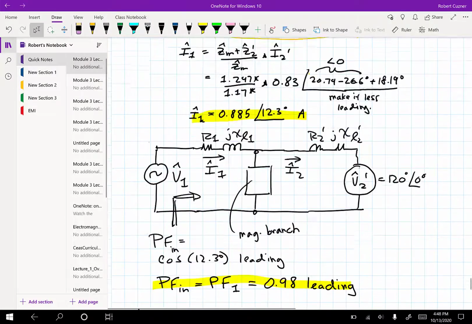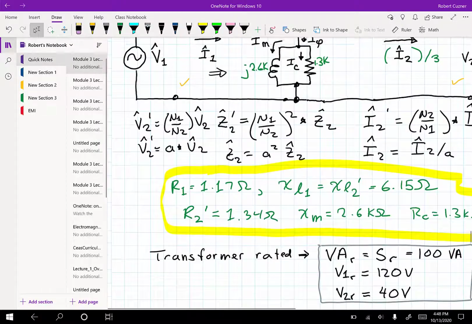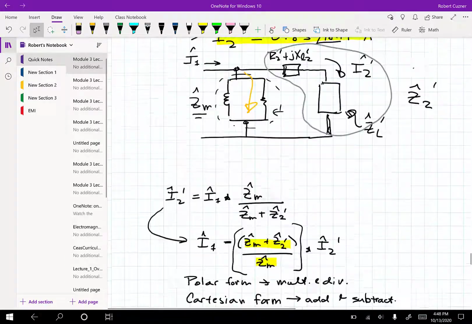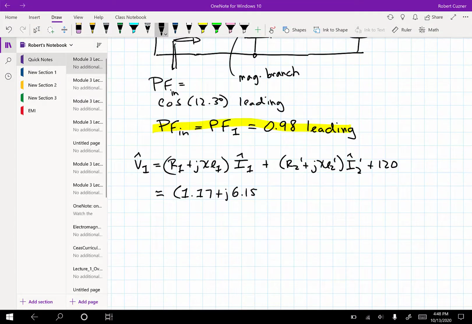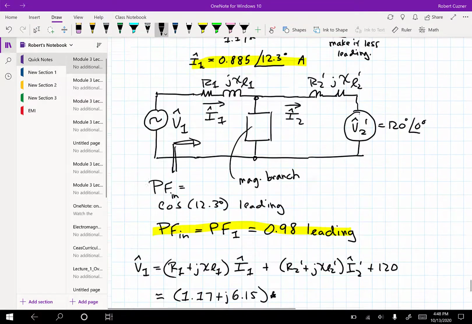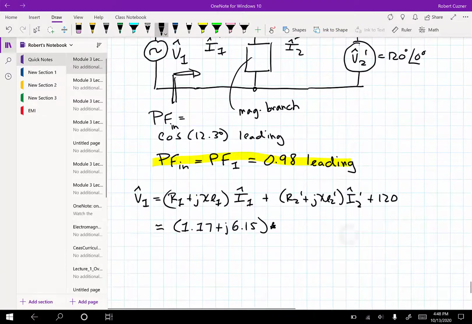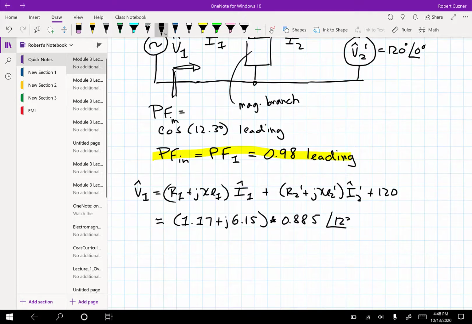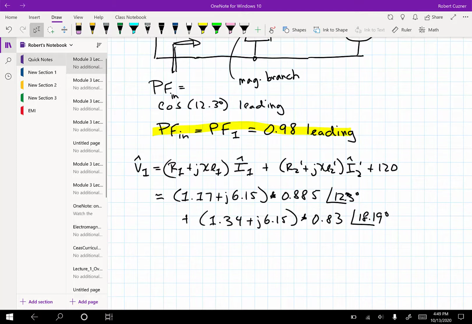We know that R1 was 1.17 plus j6.15, I1 prime 0.885 at an angle of 12.3 degrees, plus 1.34 plus j6.15 times 0.83 at an angle of 18.19 degrees. And we would just solve this.